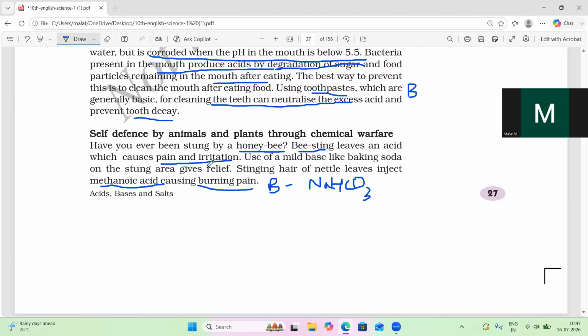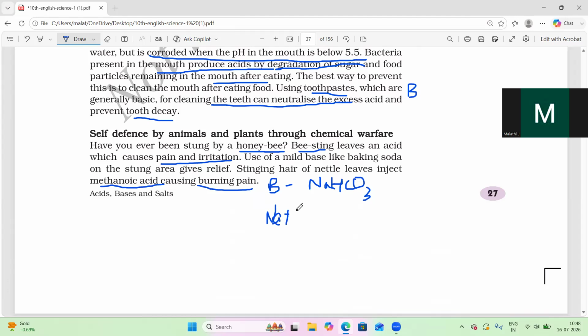One more example of the same methanoic acid is released by the nettle leaf. If you see nettle plants outside and touch them, what will happen?